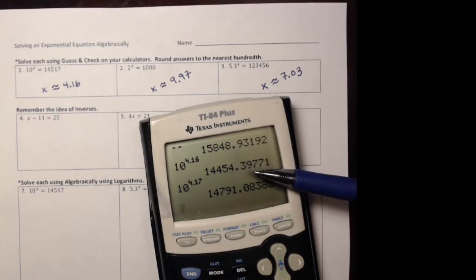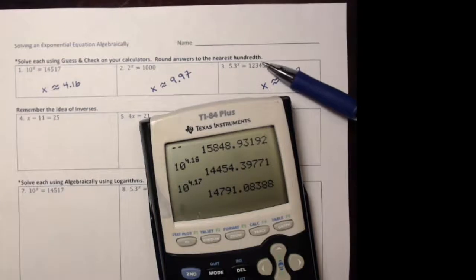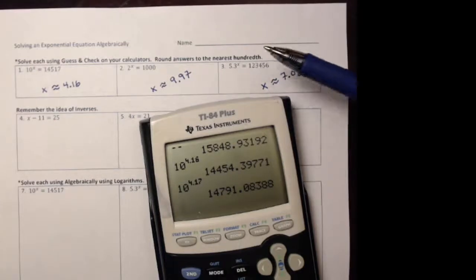When you used 4.16, that gets you a little closer. Of course, we could keep going out more and more decimals, and that would get us more accurate, but since the directions say round to the nearest hundredth, we've done that.